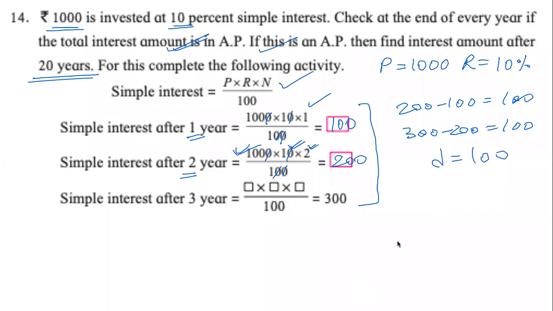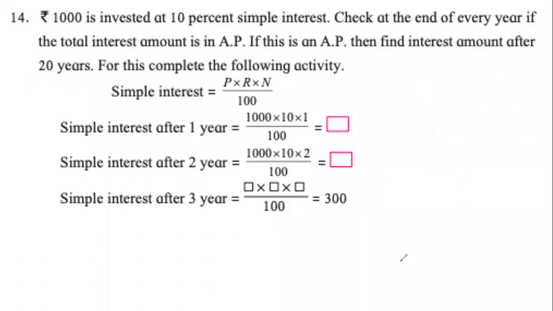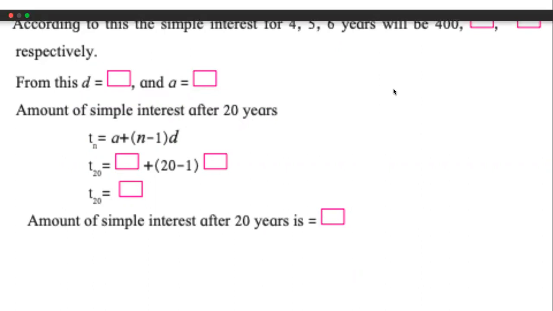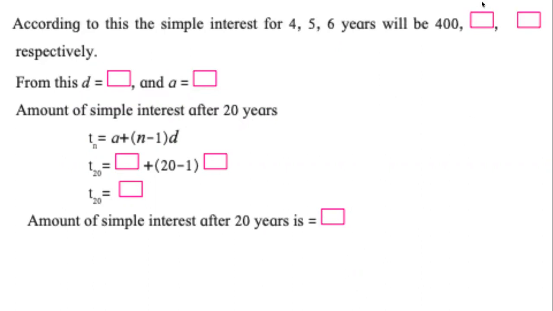Clearing the screen. Remember these numbers: 100, 200, 300. So now, according to this, the simple interest for 4 years, you know it already, is 400.